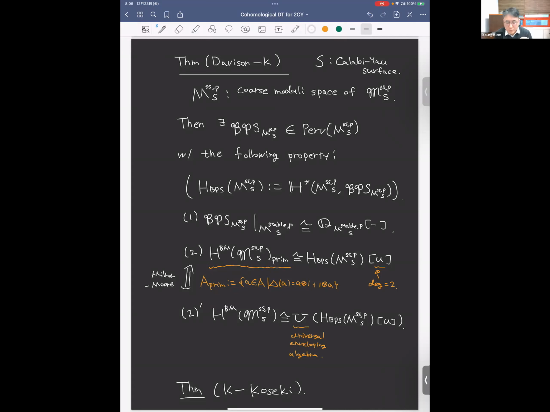I also have a question for you. Does your BPS cohomology of the moduli of Higgs bundles have anything to do with the stringy E-polynomial of Hausel-Thaddeus? That's a very good question, and at present I don't know. But there should be something.